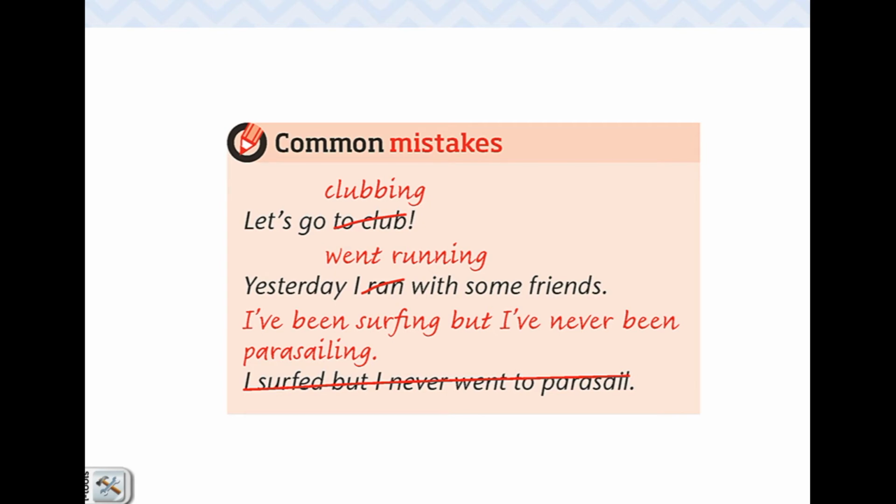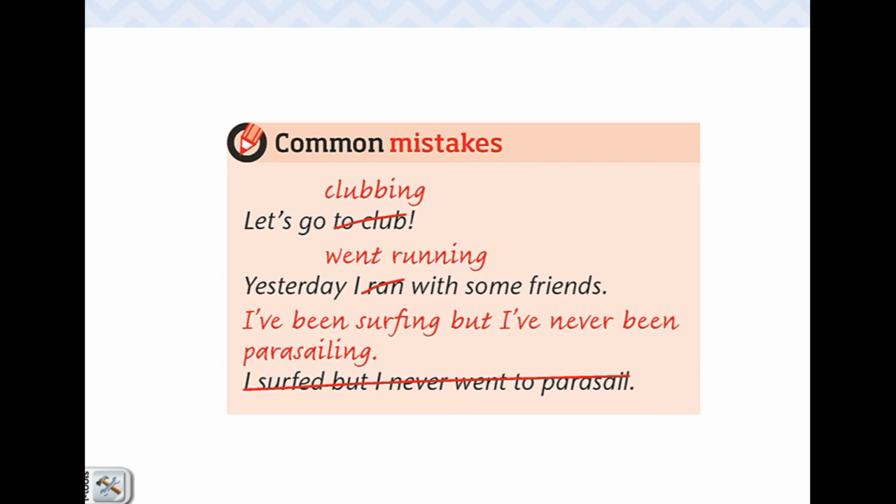And another form of using the present perfect tense, it is when you say, I've never been parasailing. It means what? In the negative form. You can say, I haven't been or I've never been. Both ways are correct in the negative form. And you use again the verb have, that is the auxiliary verb of the present perfect tense. I have contracted. I've.